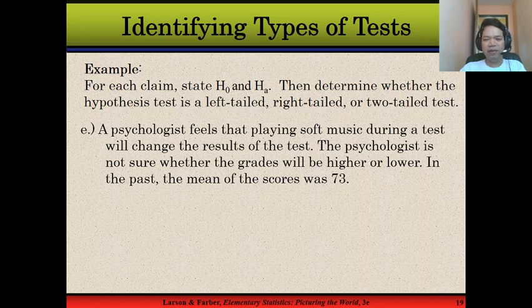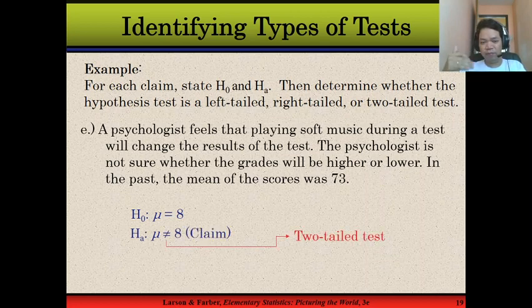Okay, so dahil yung ating mean score was 73, so mu equals 73, that is your null hypothesis. Dahil nga hindi sigurado yung psychologist, pwedeng mas mababa o mas mataas sa 73.